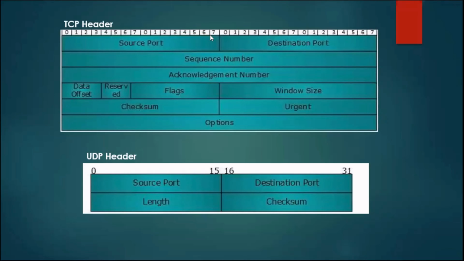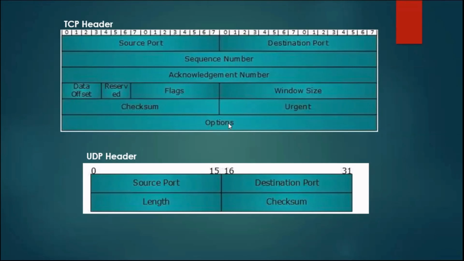So a TCP and UDP header will look something like this. Both TCP and UDP headers have 16-bit fields, here a 16-bit field, here a 16-bit field. The TCP header is 20 bytes, and I think the UDP header is 8 bytes. The header will have multiple parameters: source port, destination port, sequence numbers, acknowledgement numbers, data offset, flags, window size, checksum, urgent, and options.